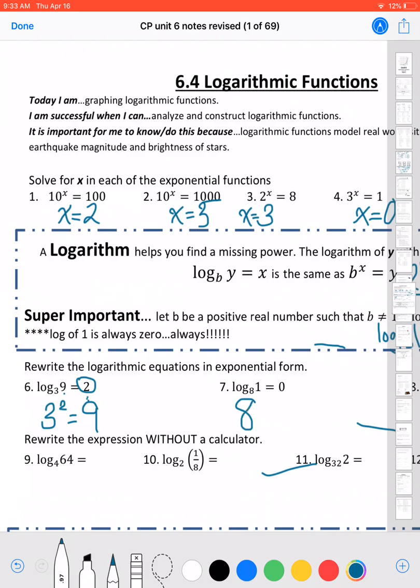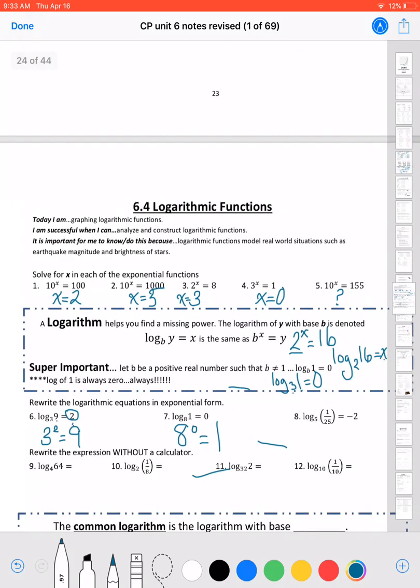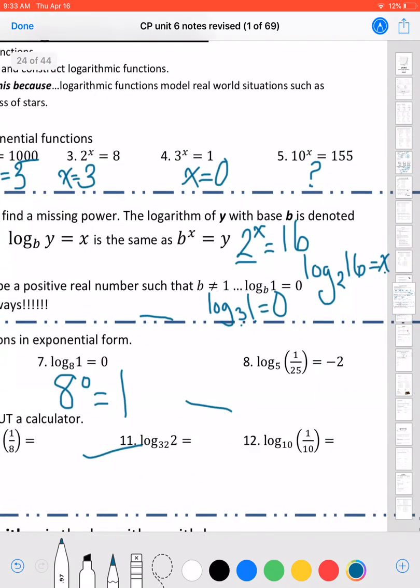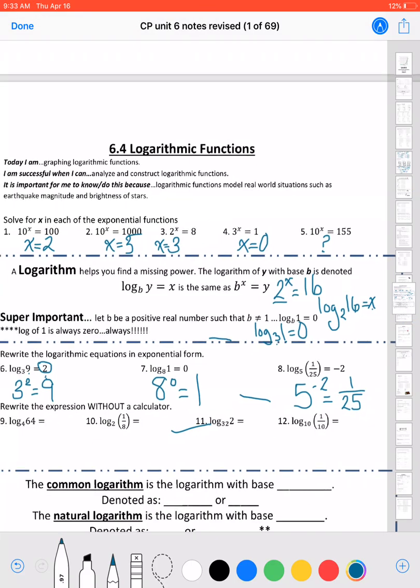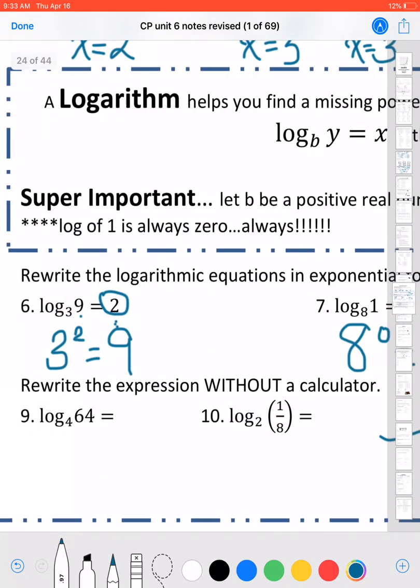For number 7, we put 8 to the 0 power is equal to 1. For number 8, we put 5 to the negative 2nd power is equal to 1 over 25. Again, negative exponents turn things into fractions typically.